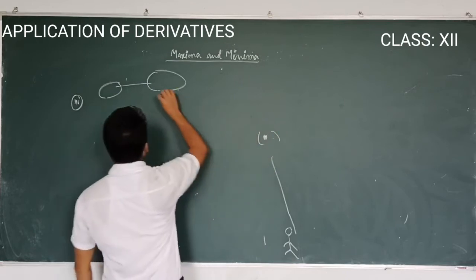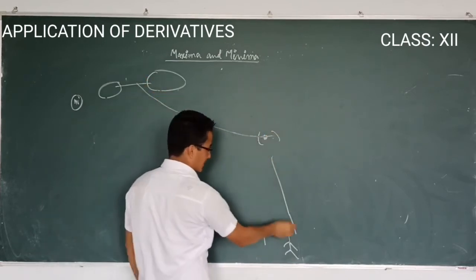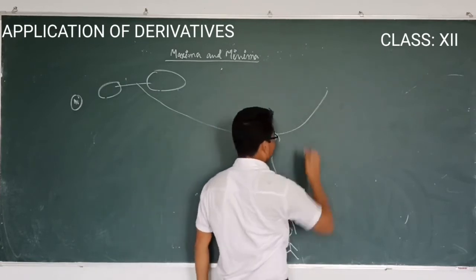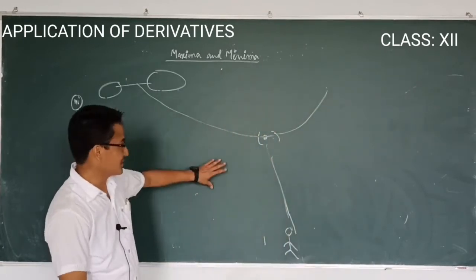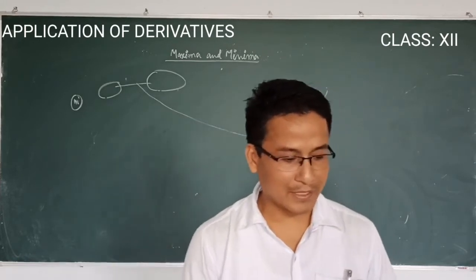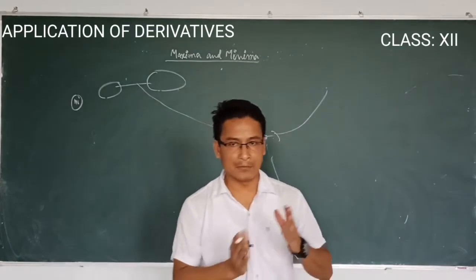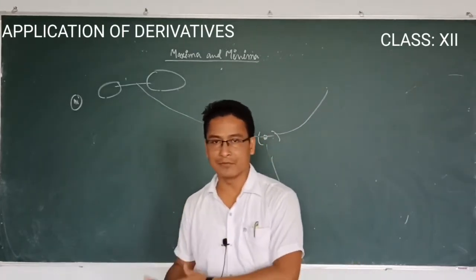The soldier places the gun in such a way that if the helicopter reaches its minimum point, he will shoot it. So this is a technical example.